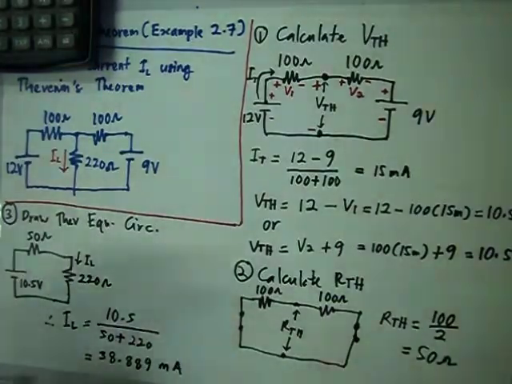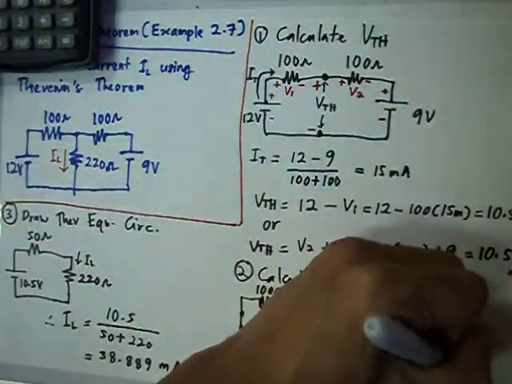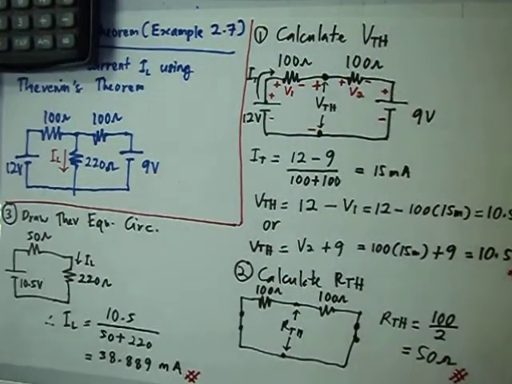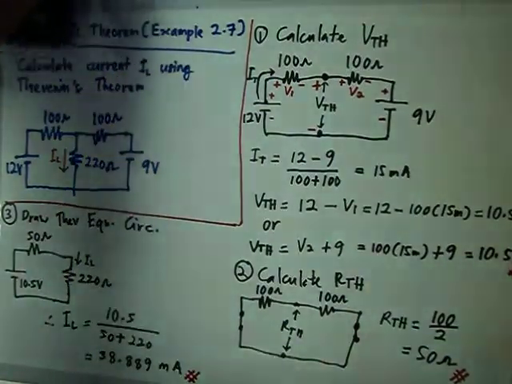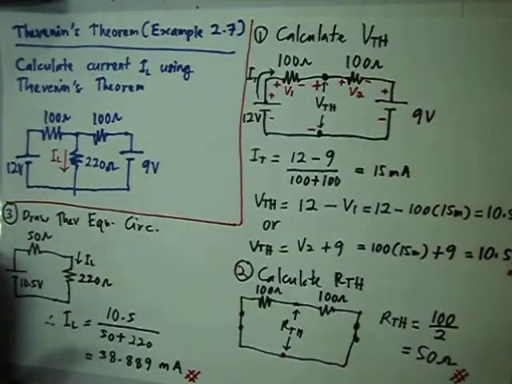So we have our VTH 10.5, our RTH 50 ohm, and our answer is IL equals 38.889 milliampere. I hope you can follow this solution. Thank you, that's all.